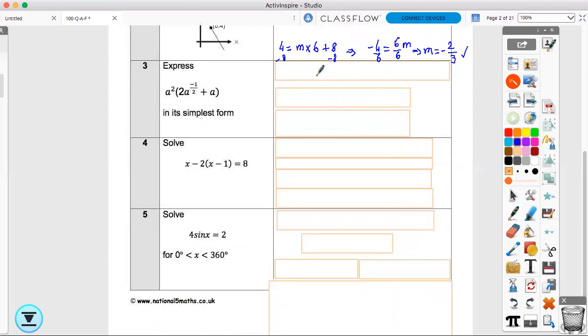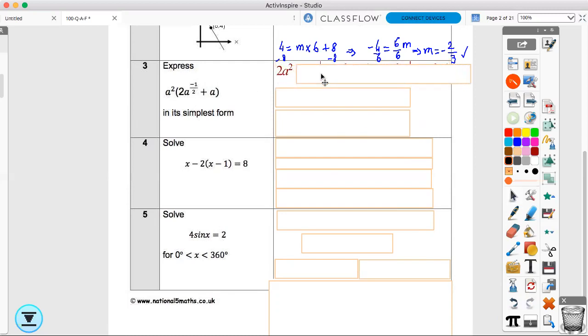So third question. This time I've got to use indices. So indices rules, we've looked at them. So how would we go about this question? I've got a squared times 2a, which is to the power -1.5.